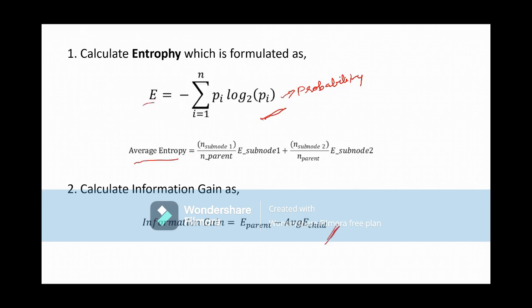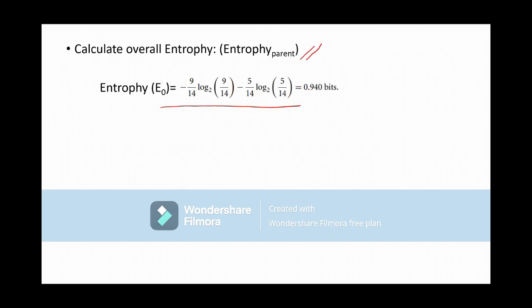Here bits is the unit used for measuring entropy.